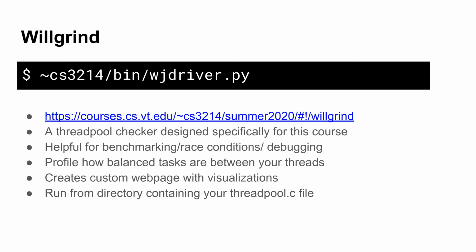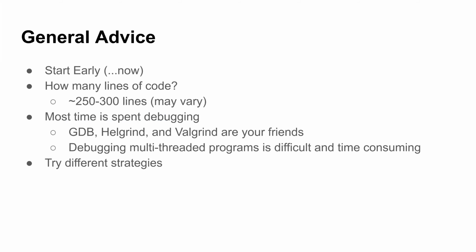But I'm not sure if it's going to really be in commission this semester. It's basically a web interface that you upload your thread pool to, and based on that, it'll come out with a bunch of potential errors that your thread pool could be running into.